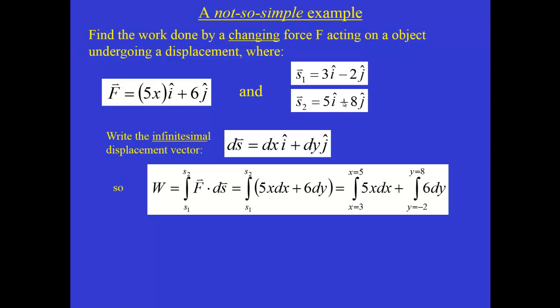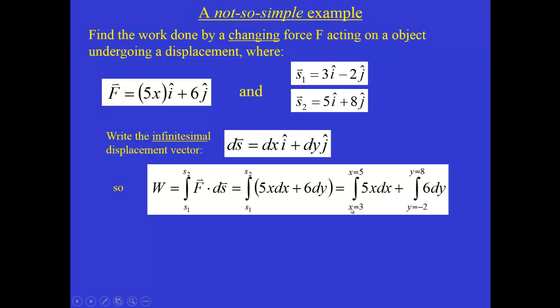Well, what we have to realize, looking at the integrand, is that there's a term dx and a term dy. So we integrate the sum, and just as in examples you're familiar with, the integral of a sum is the sum of the two integrals. We integrate the first piece, 5x dx, and there's no change in y along this direction, and it doesn't depend on the value of y.